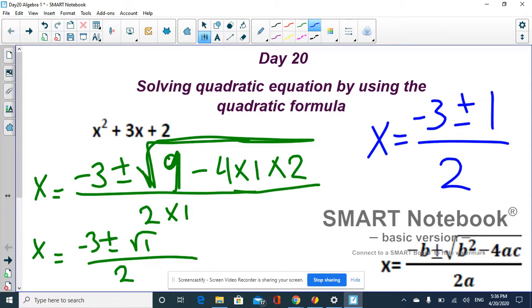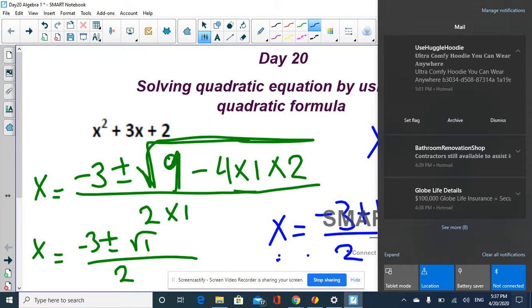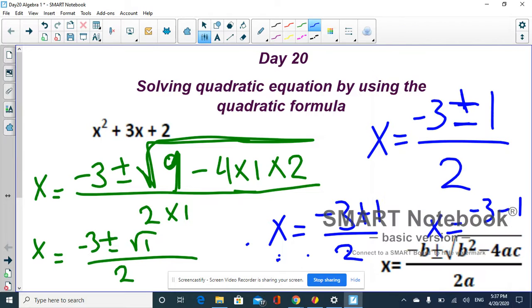These are two solutions. If you notice, we have plus or minus. So one solution will be negative 3 plus 1 over 2. The other solution will be negative 3 minus 1 over 2. So the first, negative 3 plus 1 over 2.